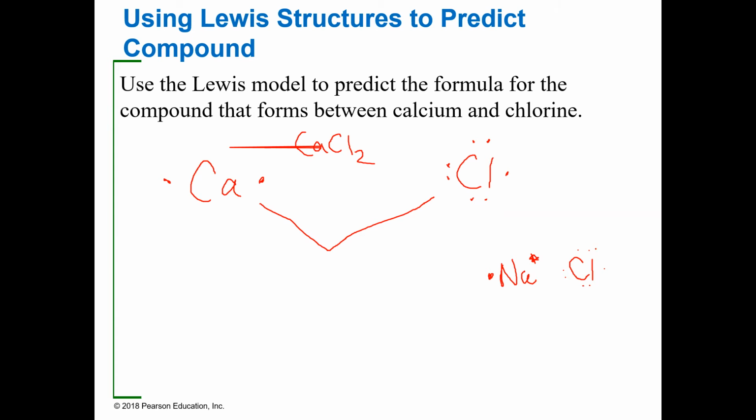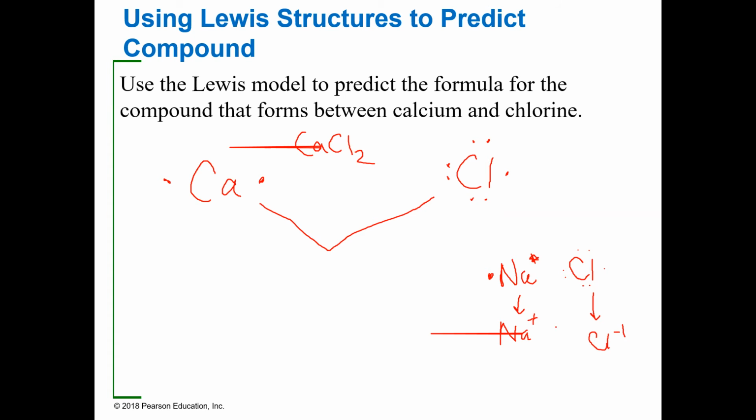Because chloride has 7 valence electrons, it wants 8. So when sodium loses its 1 valence electron, it takes on a +1 charge. And when chloride takes that electron from sodium, it gains it, and takes on a -1 charge.